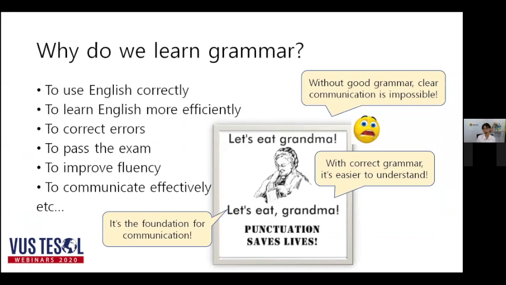That's why we learn English grammar, or to learn English more efficiently, to correct errors sometimes, or to pass the exam. You have to pass the English exam and go to university, or you want to improve your fluency, or you want to communicate effectively. There are many reasons, right?